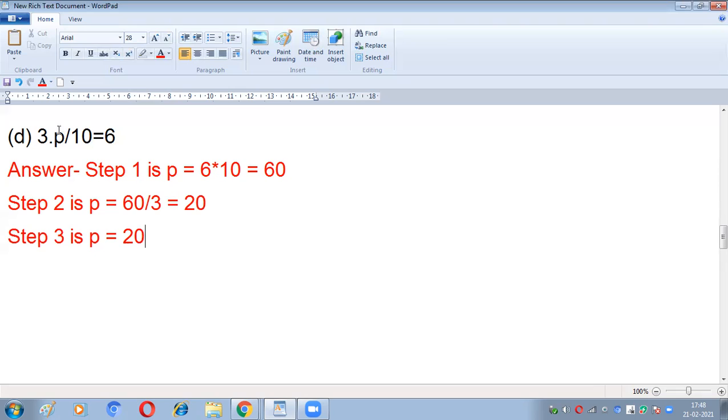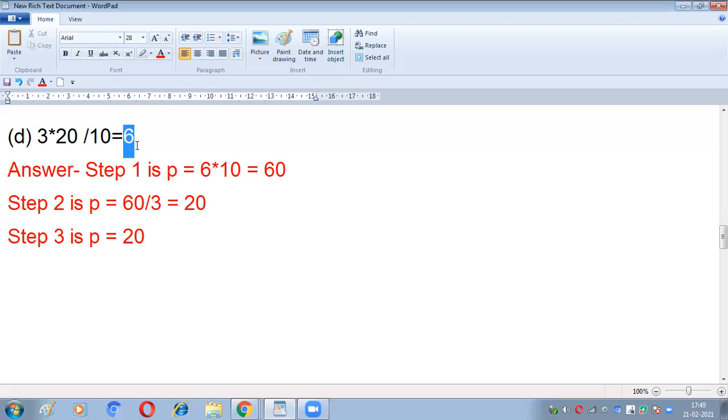Let's put 20 instead of P. 20 multiplied by 3 is equal to 60, and 60 upon 10 is 6.